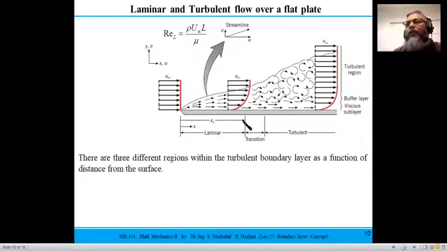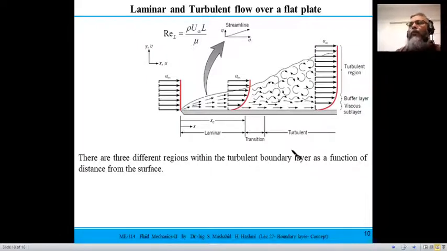And after a certain distance, as the fluid moves in the direction of the flow, that is along the length of the flat plate, some of the layers close to the wall are still parallel, but as you go away from the wall in the y direction within the boundary layer, there is mixing and eddy formation.